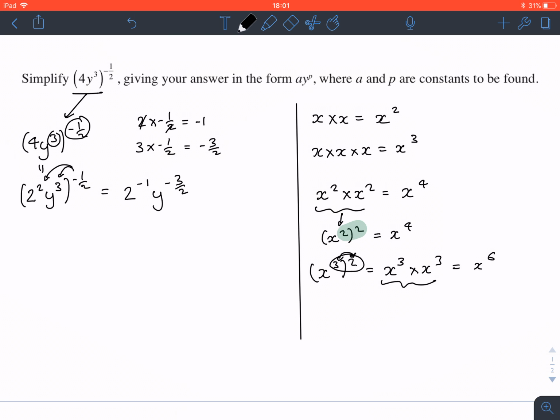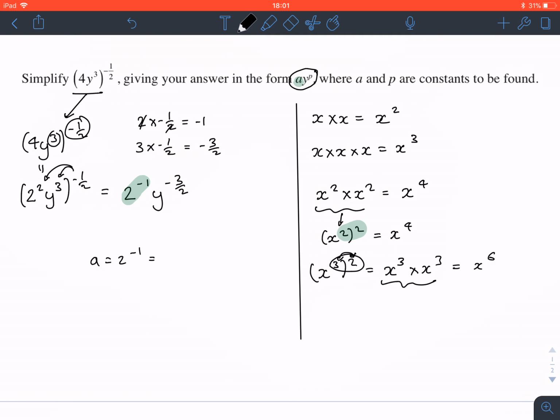Now, here it says we want it in the form ay to the p, where a and p are constants. Constants are numbers, it's just easier to think of it like that. So a, by inspection, is 2 to the minus 1. And how else can we write that?